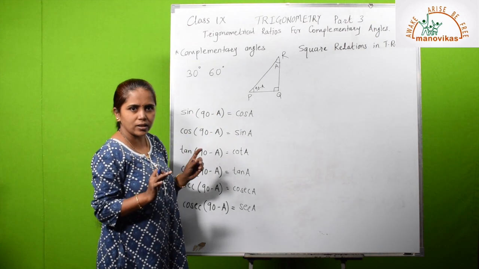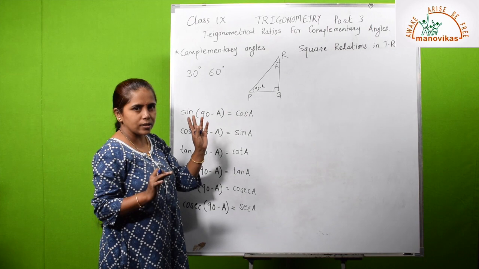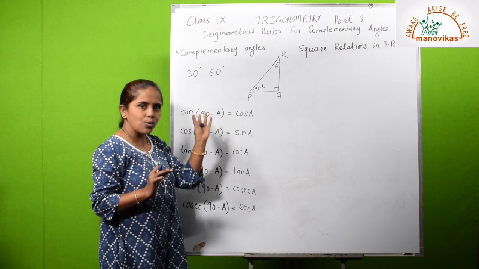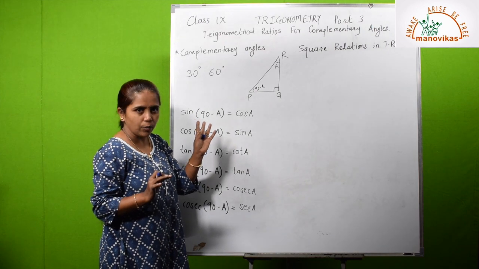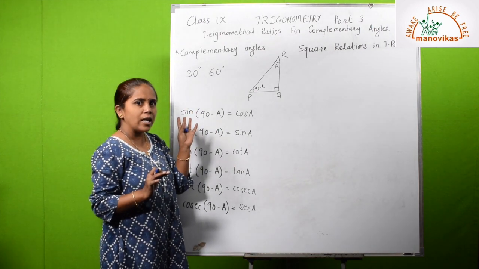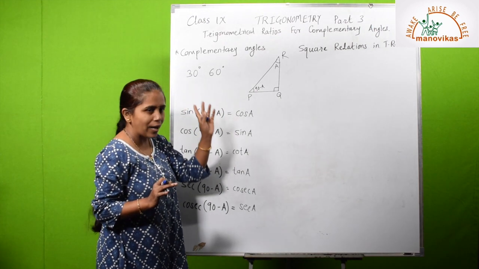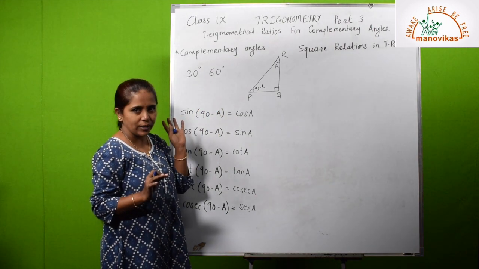Now in a right angle triangle, one angle is 90 degrees, so the sum of the other two angles is 90 degrees. So we can say the other two angles are complementary angles.